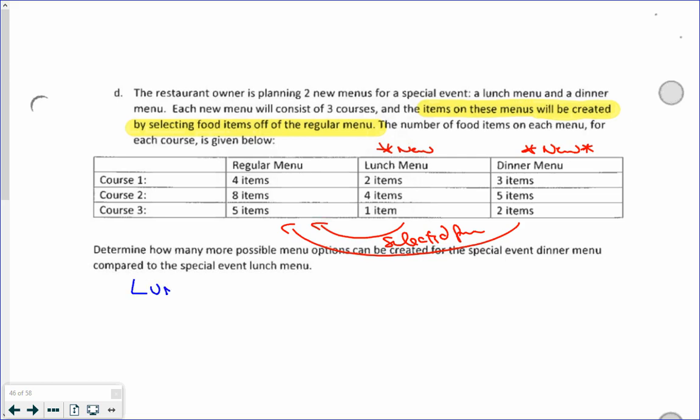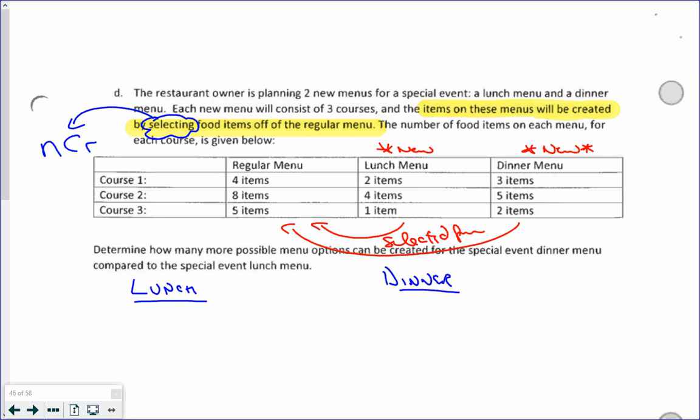So, lunch, dinner. We are selecting. Selecting is nCr. So this is from the permutations unit. Now, it's selecting. So you remember, permutation is an arrangement. Selecting is I want you and you. So you're like, hey, I'm going to pick the soup and I'm going to pick the salad.